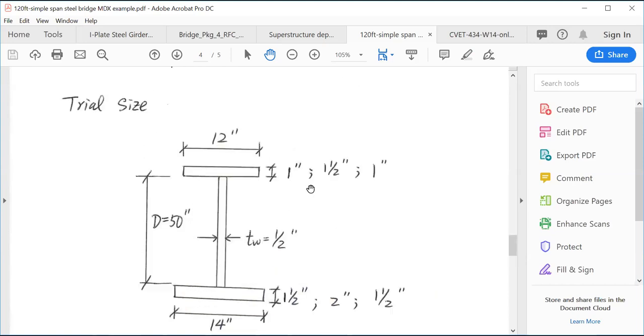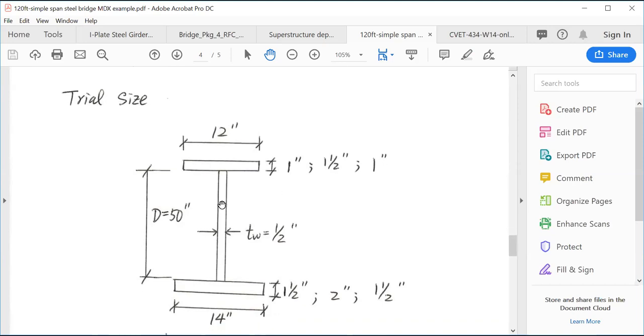So for the I-plate steel girder bridge, the web provides shear resistance, and the top and bottom flanges provide bending resistance. If bending fails, we will increase the size of the flange, and if shear fails, we need to increase the size of the web.